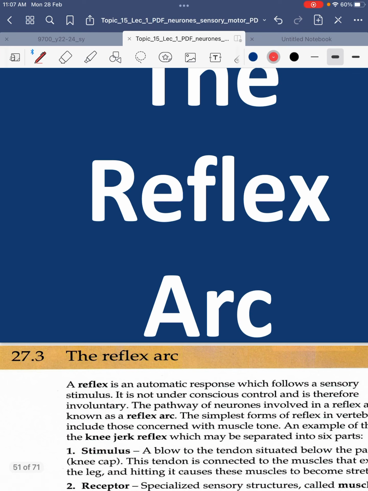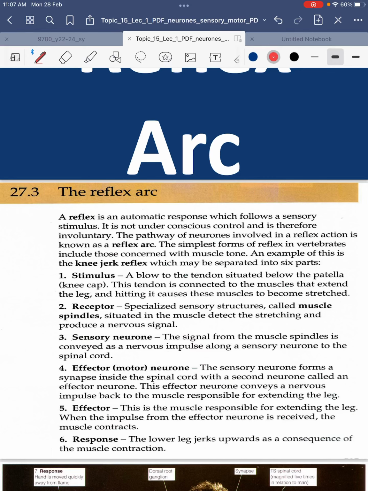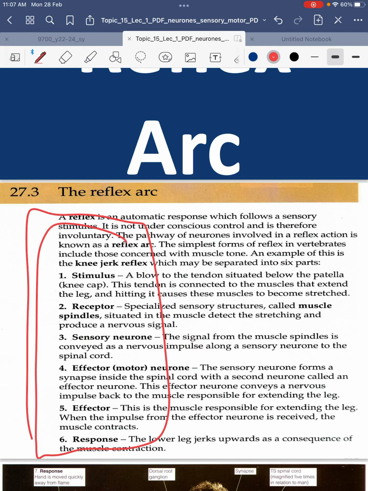Okay, now let's look at the reflex arc. So the reflex arc is a very good example to demonstrate motor neuron and sensory neuron, and also to demonstrate the features of a reflex arc.